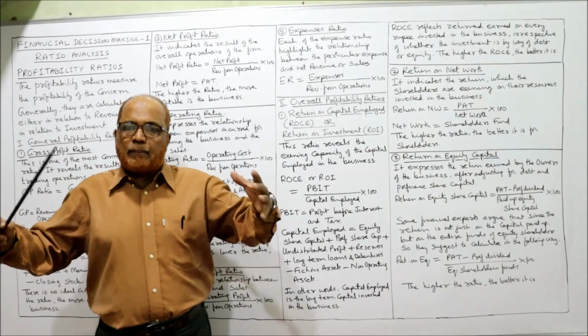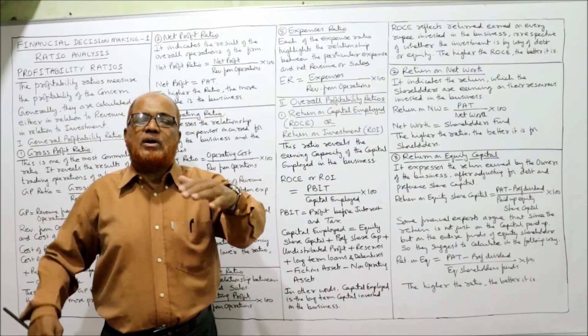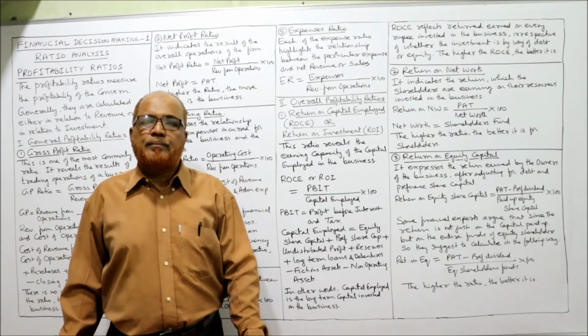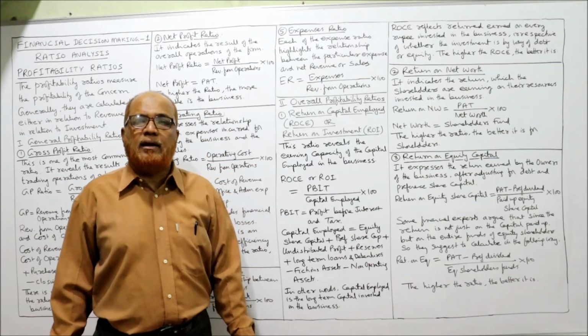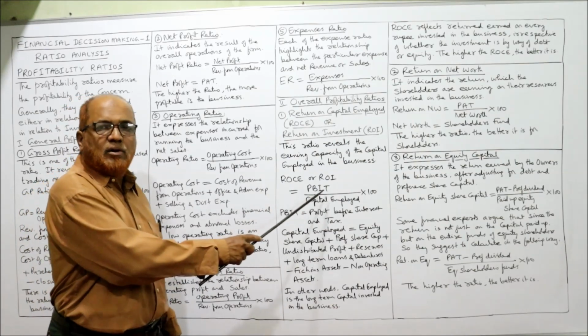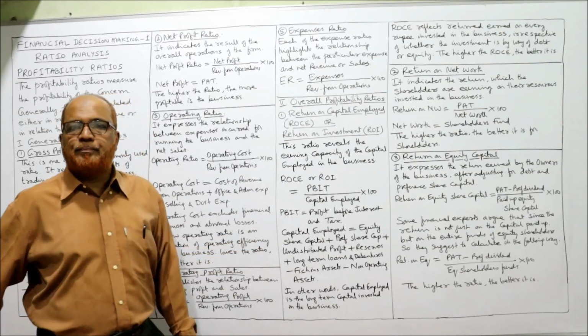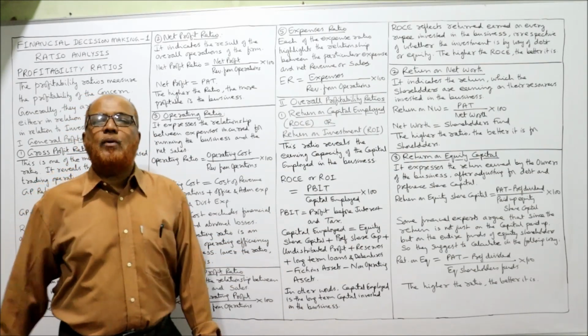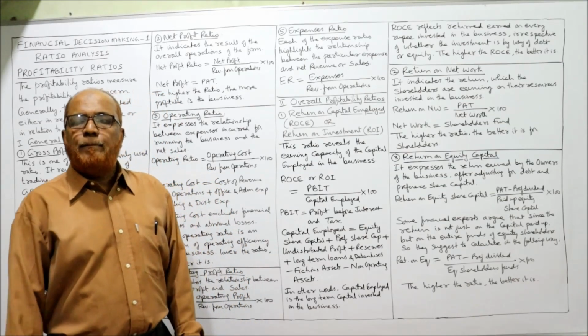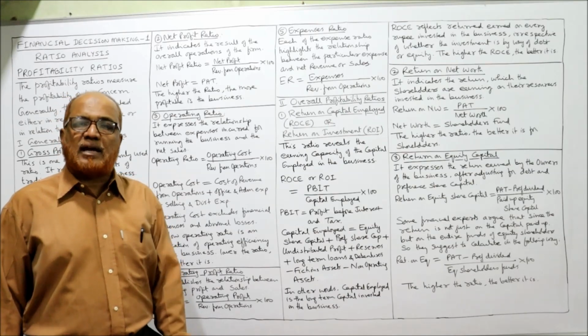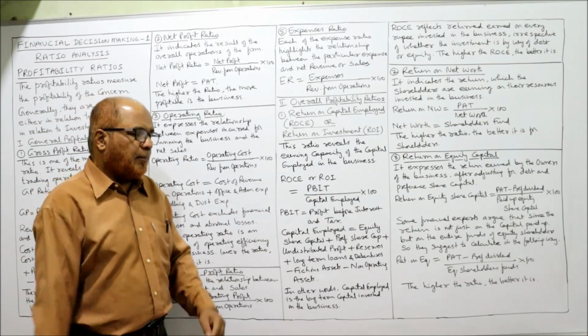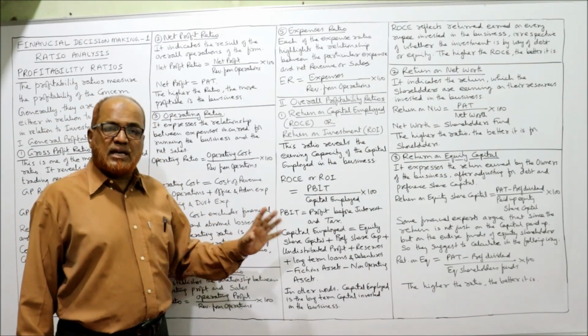That means whatever capital is employed in the business, what is the rate of profit we are getting, the percentage of profit on capital employed. The formula for ROCE or ROI is PBIT divided by capital employed into 100. PBIT stands for profit before interest and taxes.